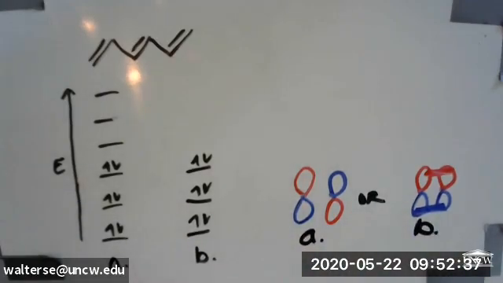Which of those 2 molecular orbitals, A or B, is the lower energy orbital? You would pick B because it doesn't have any nodes.